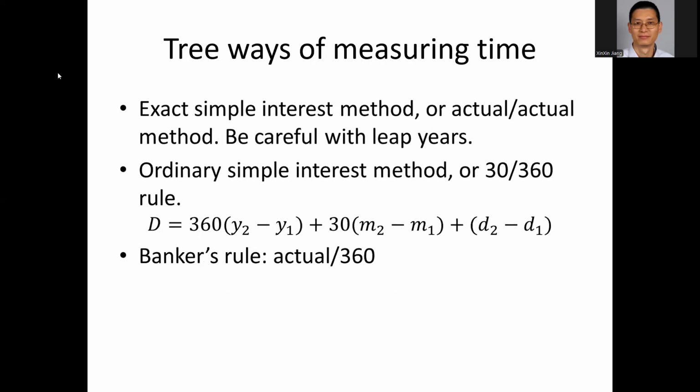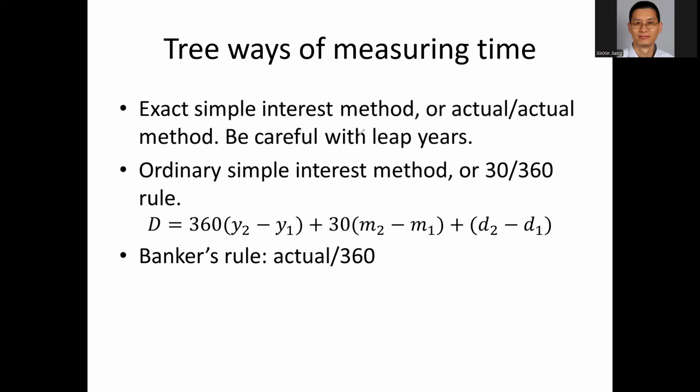So when the time is less than 1 year, there are 3 ways of measuring time. One is called the exact simple interest method, or actual. So you count the number of days for that period divided by the number of days in 1 year, actual over actual. But you need to be very careful with leap years.